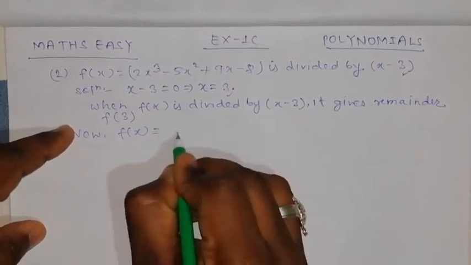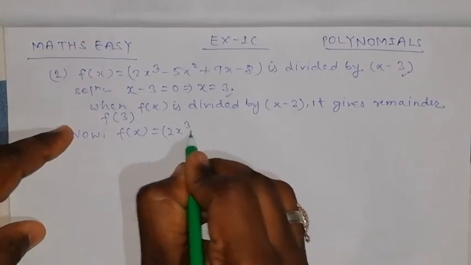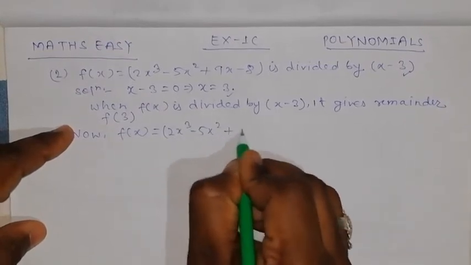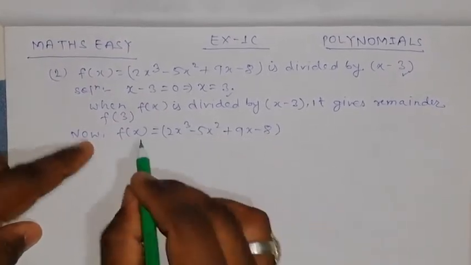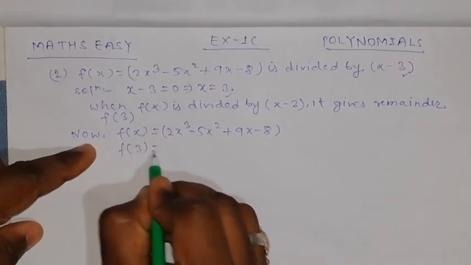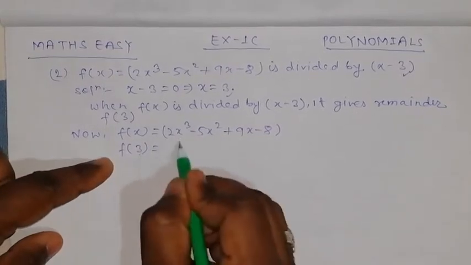what is our f(x)? f(x) is 2x cube minus 5x square plus 9x minus 8, and in the place of x we have to write 3.